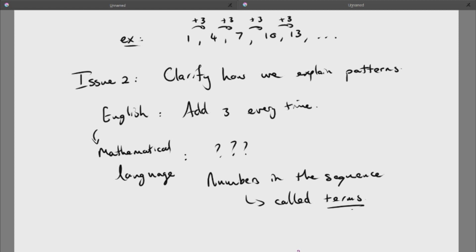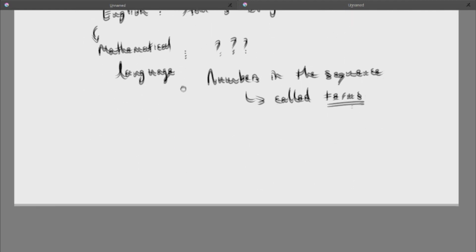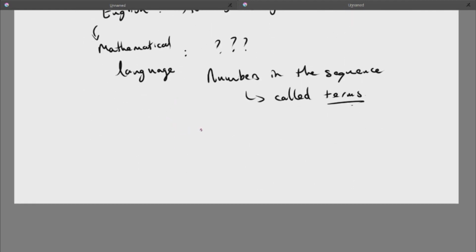Then I also have the number that I'm adding every time, 3 in our example. The number to add every time, we'll call that number the difference.